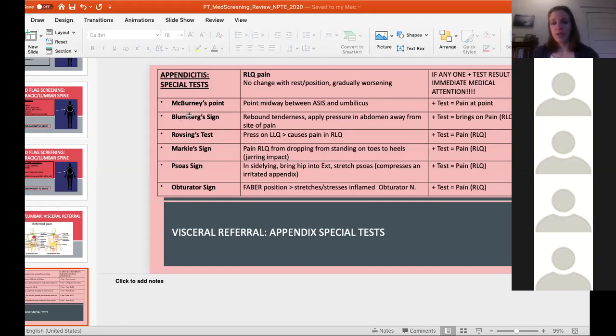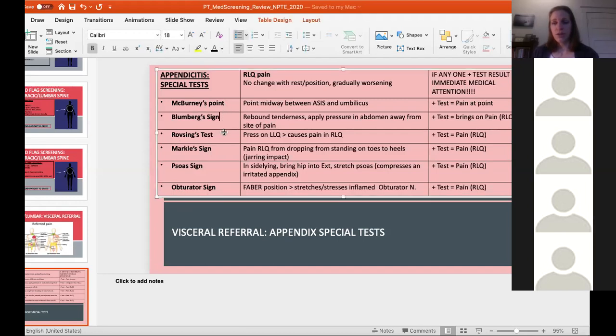Again, I'm not going to read these to you, but this is for your reference. So if these tests are positive or you're seeing these signs, you may be performing these particular tests. Probably unlikely. Usually these tests are performed by a physician. However, knowing about them is important, and I think that's the key.